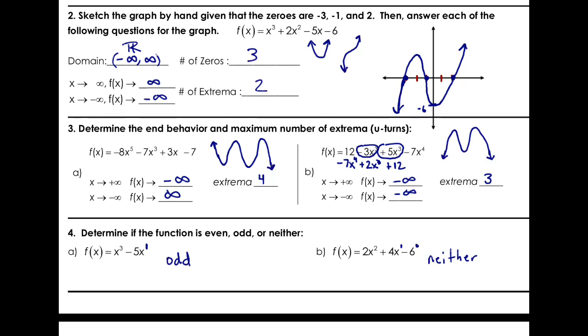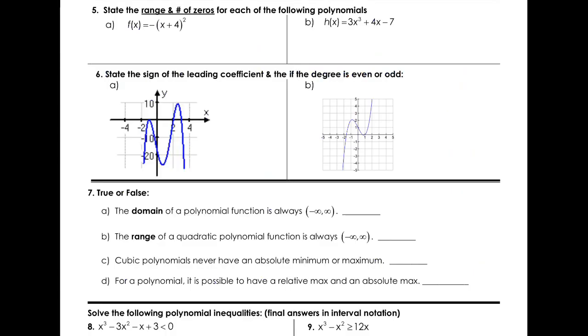Let's go to the next page. Here we are. All right, so it's saying state the range and the number of zeros for each of the following polynomials. So in looking at A, there's a couple ways that we can figure out the range.